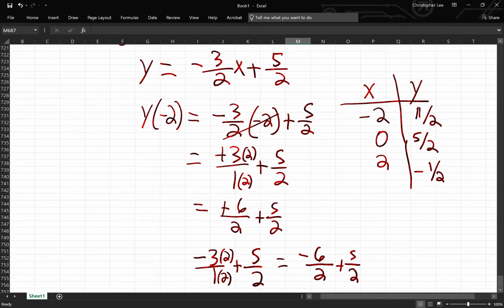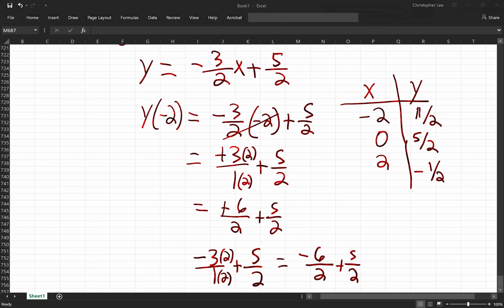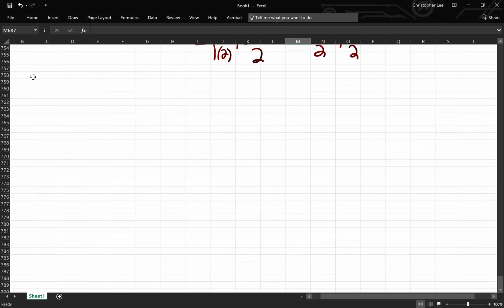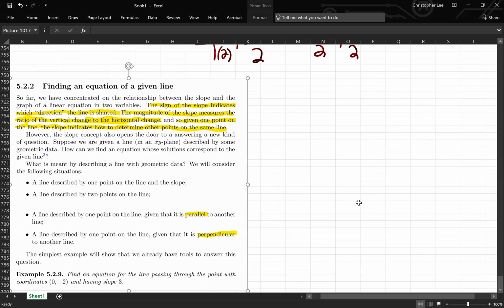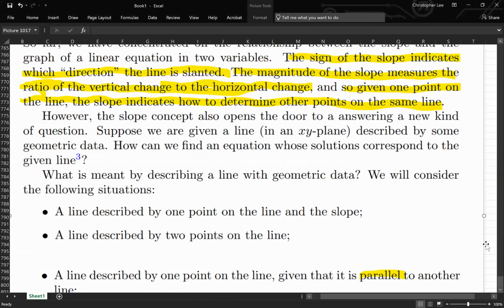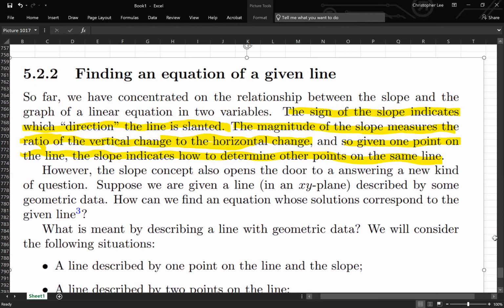All right, let's jump to another topic real quick, because you're going to see this on your homework, so I want to make sure we understand how to do it. It's really simple, but it needs to be talked about. Finding an equation of a given line.